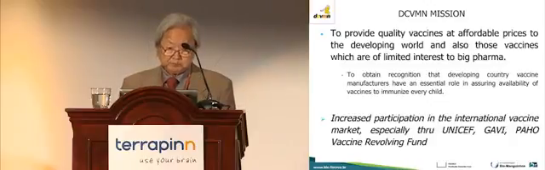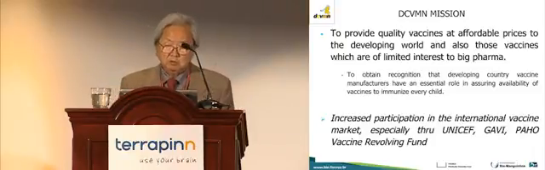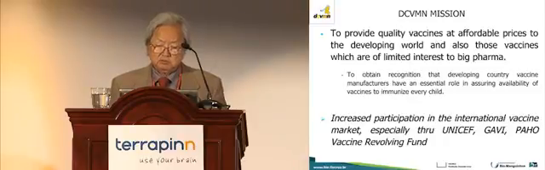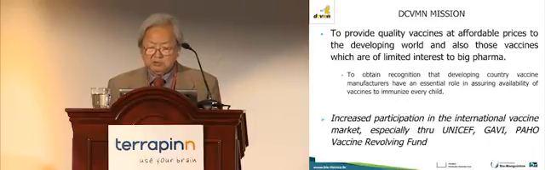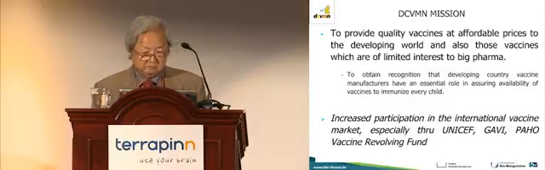Our mission is to provide quality vaccine at an affordable price to the developing world, and also those vaccines which are of limited interest to big pharma. And of course, we are working hard to obtain recognition that developing countries' vaccine manufacturers have an essential role in assuring availability of vaccine to immunize every child.